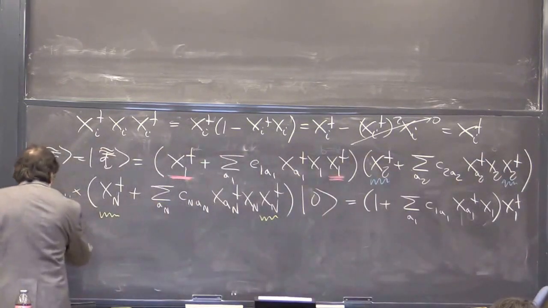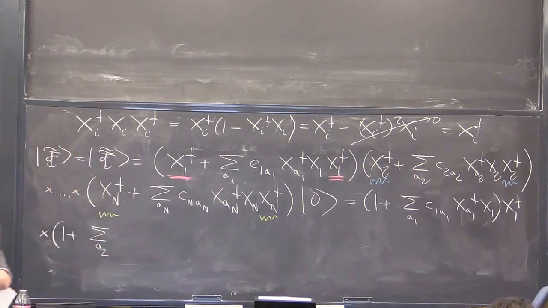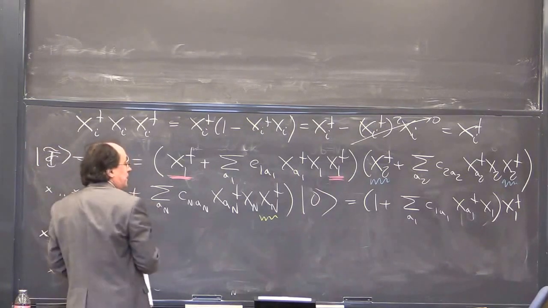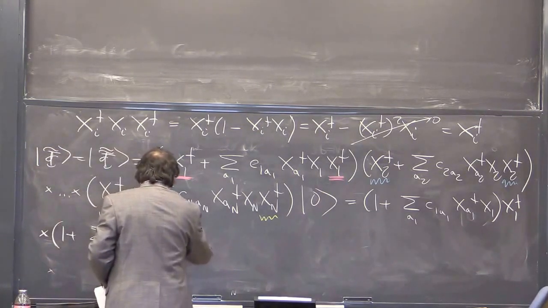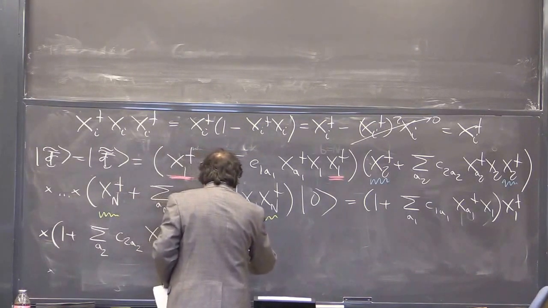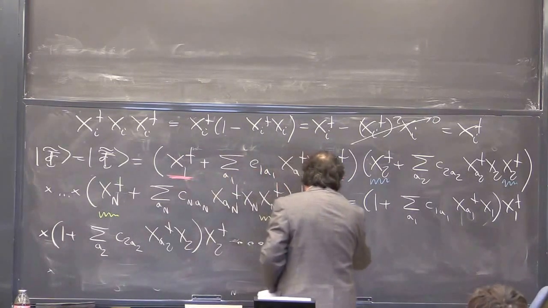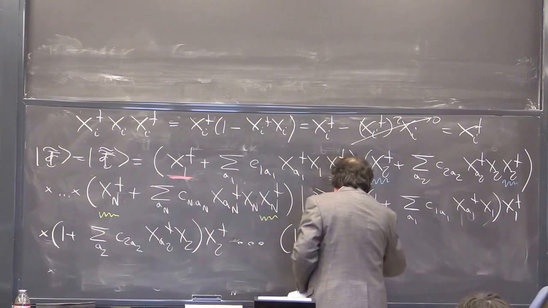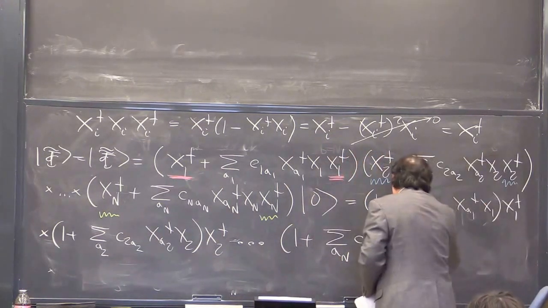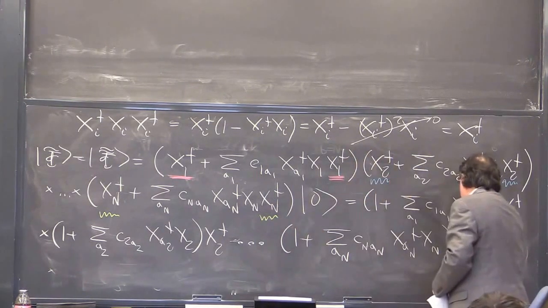Times 1 plus a summation over a2, c2, a2, x a2 dagger, x2 times x2 dagger. And then the last term will be 1 plus a summation over an, cn, an, x an dagger, xn, and then times xn dagger.